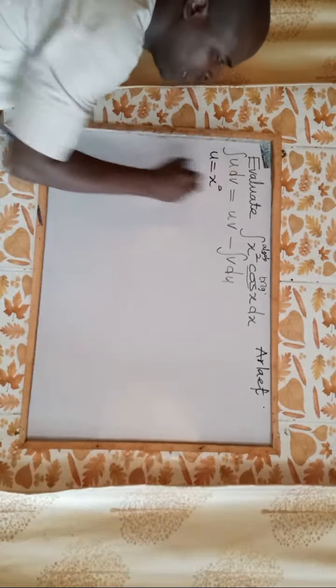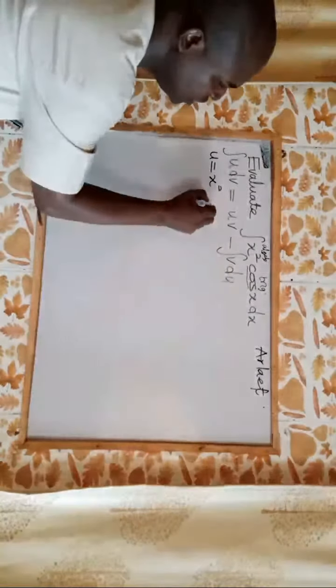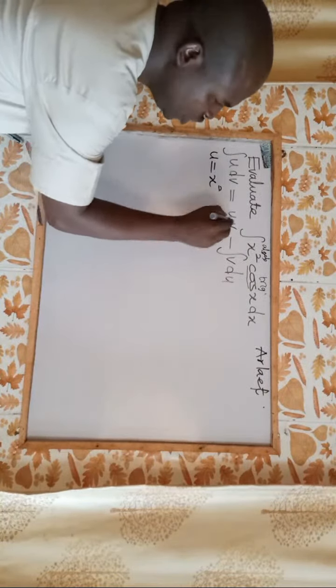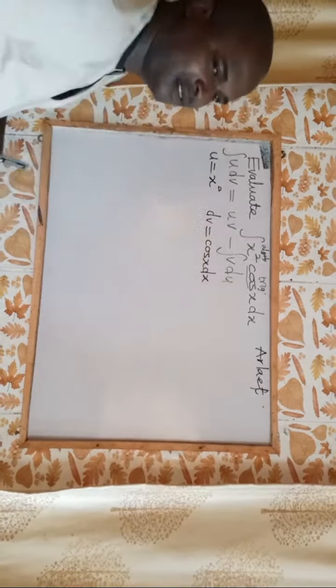So when you want to solve this, our u will be equal to x squared because algebra comes before trigonometry. Then we have our dv equal to cos x dx.